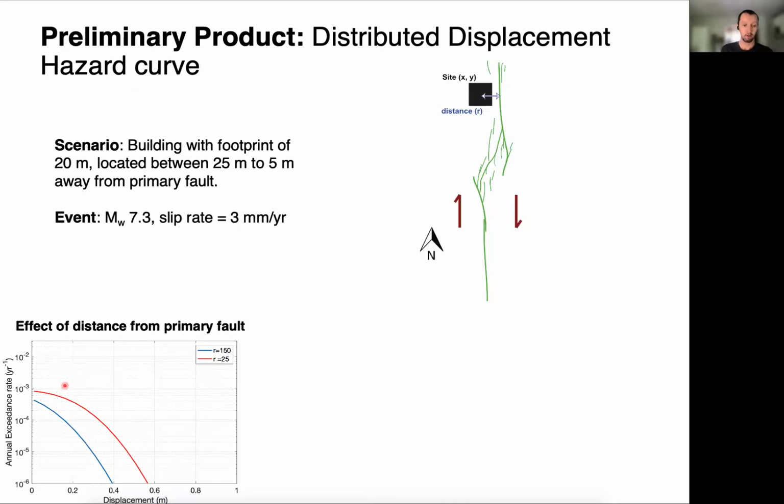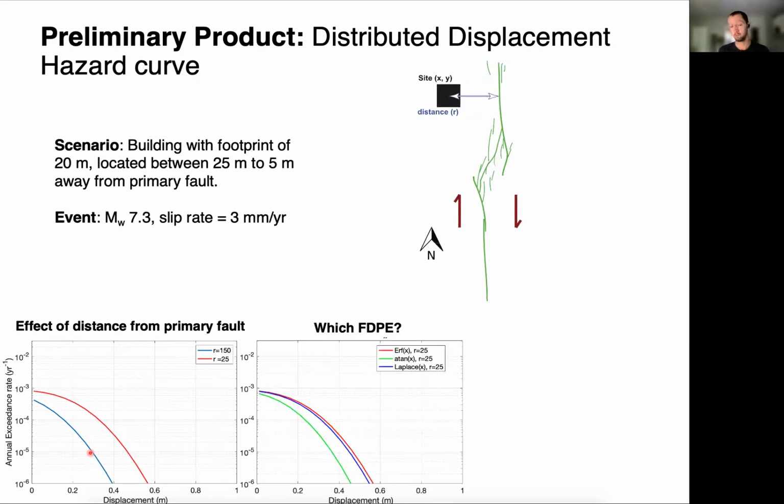This hazard curve illustrates the effect of your building site being located close or near to the main fault rupture. So 25 meters or 150 meters away, you can see as you go further away, the annual rate you expect to see a certain amount of displacement decreases quite significantly, which is what you expect. And that's coming from those fault displacement prediction equations.